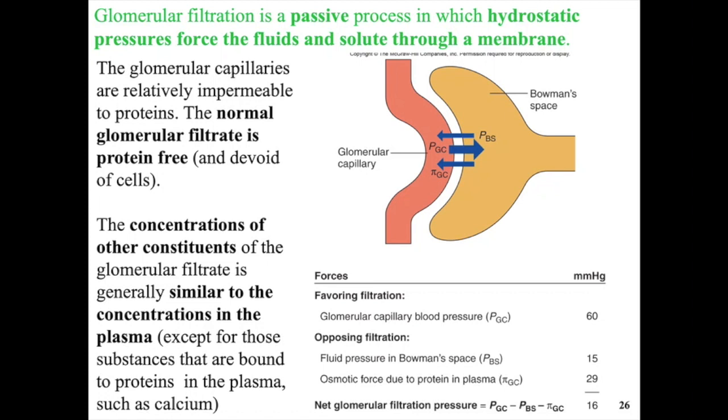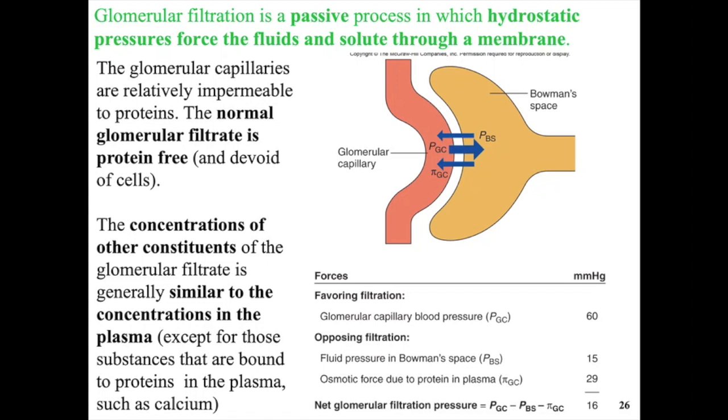So all we have is the hydrostatic pressure in the glomerulus, which favors filtration, and the hydrostatic pressure from the Bowman's capsule, which opposes filtration. We can consider the colloid osmotic pressure of the Bowman's capsule, which would attract fluid out, so it is a force that favors filtration. We can consider that 0.